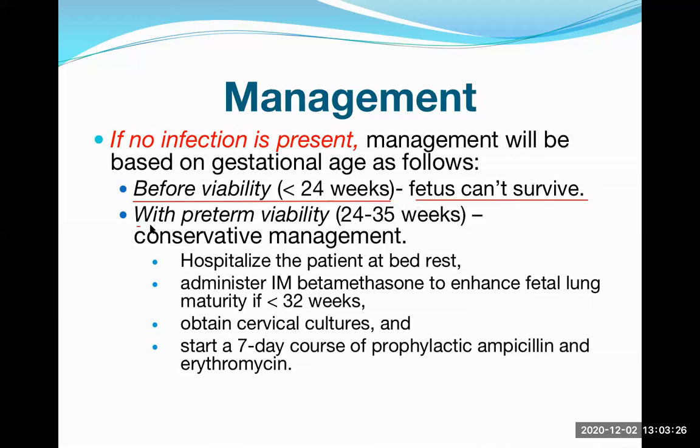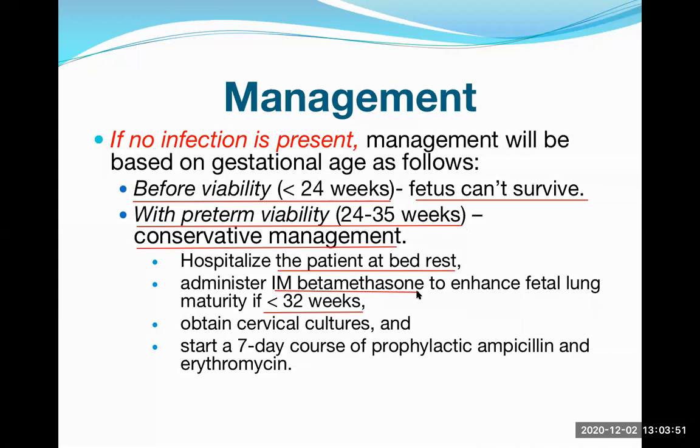See here, with preterm viability, 24 to 35 weeks, conservative management is done because till now the infection has not occurred. Hospitalize the patient and keep the lady at bed rest. Administer intramuscular betamethasone to enhance the fetal lung maturity if less than 32 weeks.